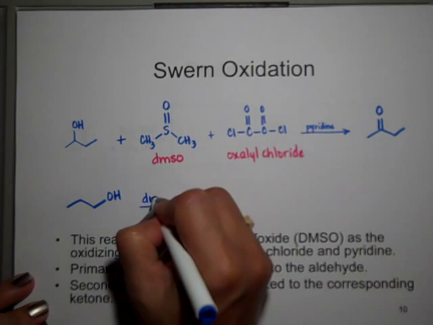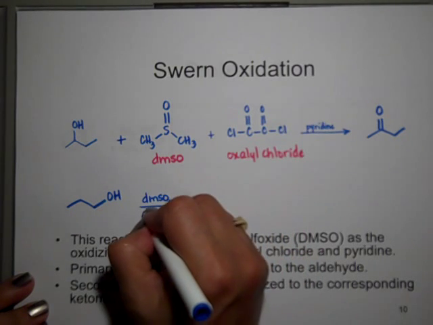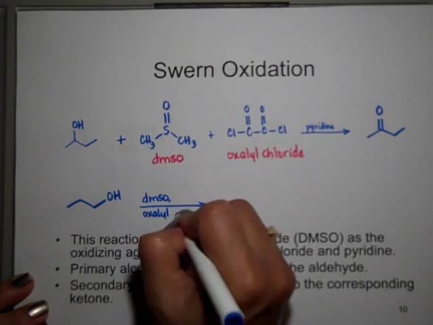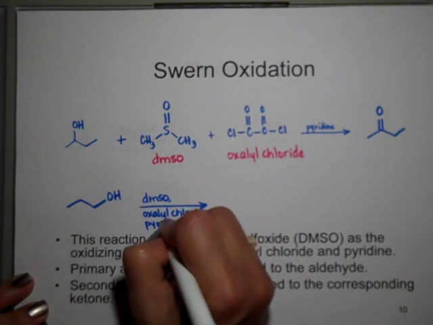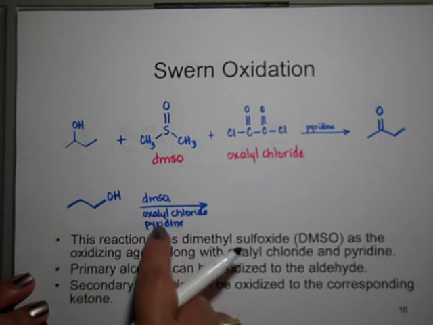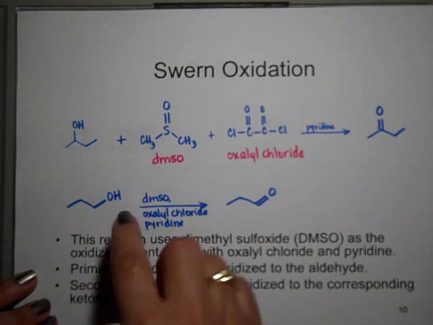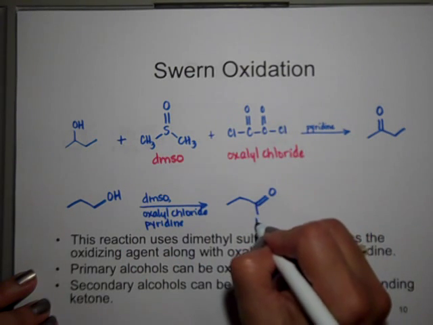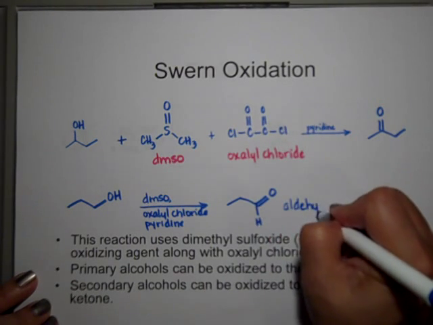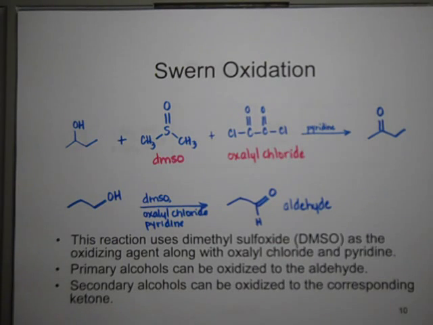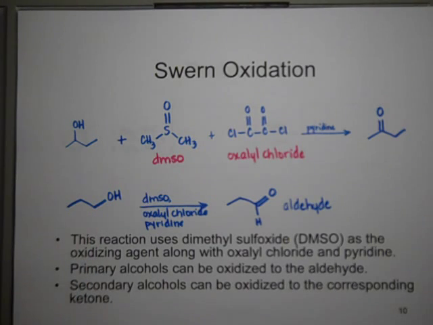You add DMSO, oxalyl chloride, which I'm going to just write over here, and pyridine. Or you can write Swern oxidation. And this is important, my little monkeys, because if you have a primary alcohol, Swern will take it to the aldehyde. So it's a second option. Instead of using PCC, you can use the Swern reagent, and you can get that primary into the aldehyde.